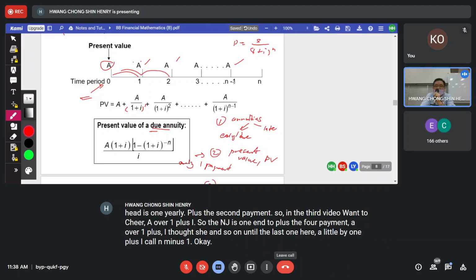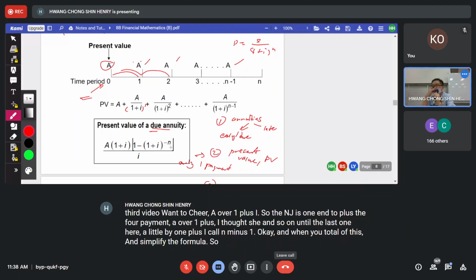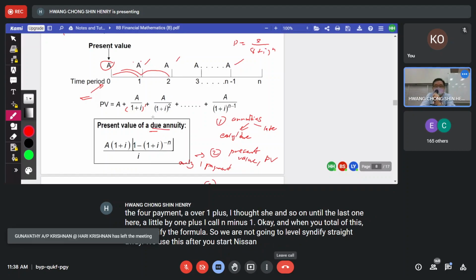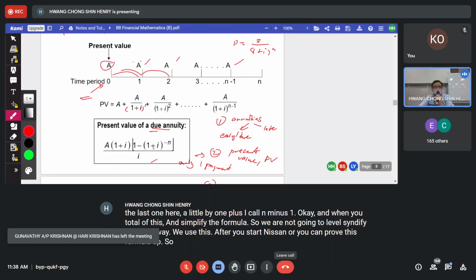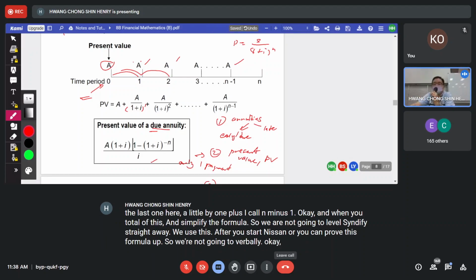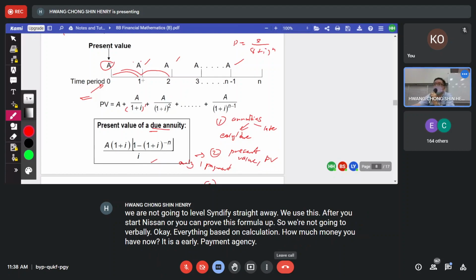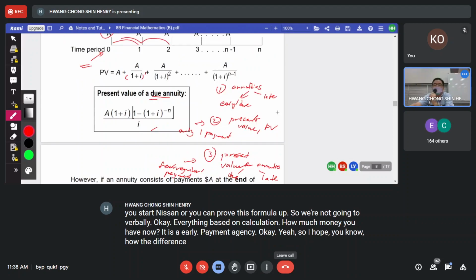Okay? And when you total this up, you can simplify the formula. We are not going to learn how to simplify; straight away, we use this. After you sum this all up, you can prove this formula out. So we're not going to learn the following. Everything is based on calculation. How much money do you need to have now if it's an early payment that you receive starting from 0? Okay, clear? So I hope you know the difference between 1 and 2, 2 and 3, and 1 and 3. Okay.